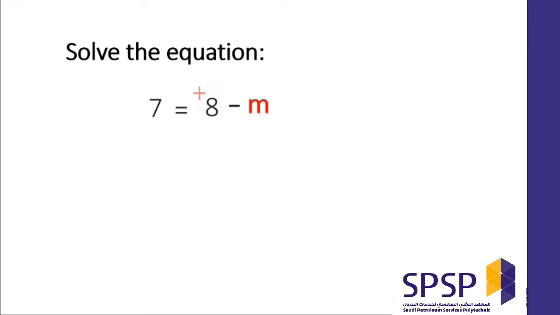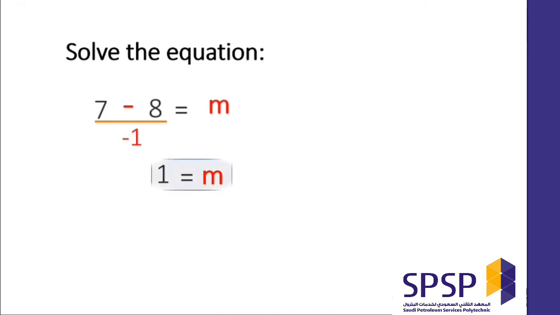So first of all, we need to move 7 a little bit to the left without changing the sign. Then we move 8, but we need to change the sign to be minus. 7 minus 8. Of course, we can divide both sides by negative 1, by negative 1. And m equals 7 minus 8 divided by negative 1, which is 1.